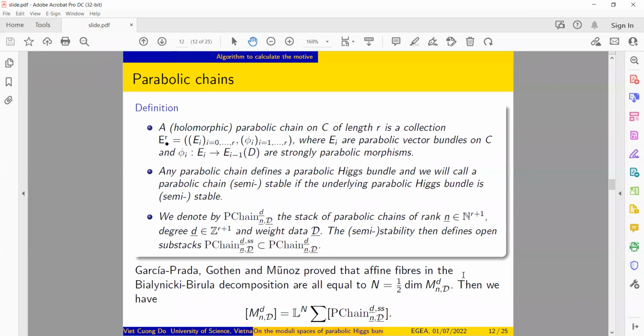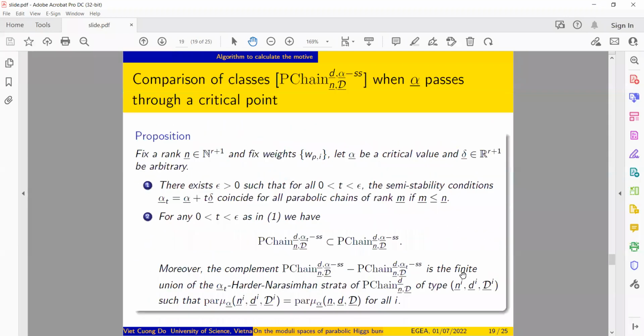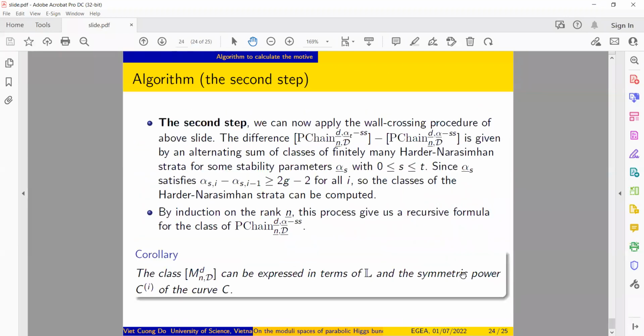Can I ask you, in your last corollary, do you have the exact formula for the moduli space of parabolic Higgs bundles? You see that we must control many things like degree, rank, weight.